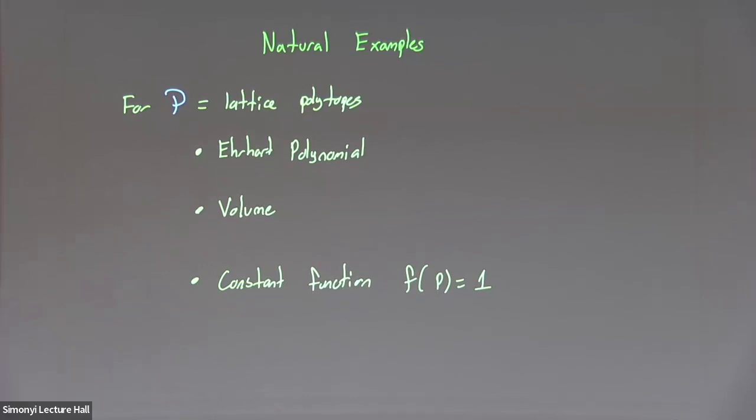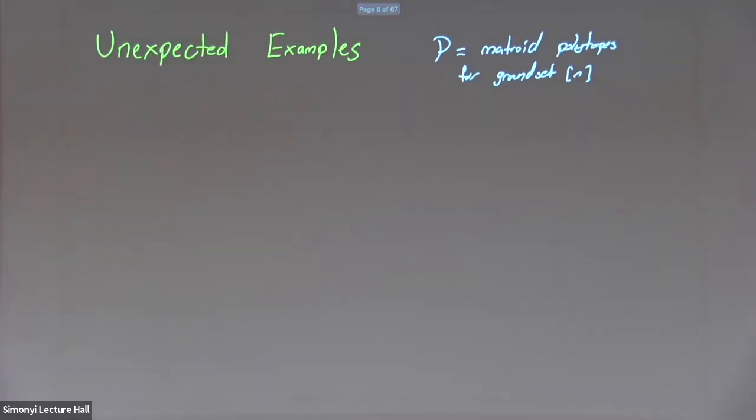But for me, the more interesting class of examples happen when we choose P to be a special class of polytopes, namely, well, matroid polytopes, which this workshop is about. So if you take P to be the class of matroid polytopes on a given ground set, then you can ask the seemingly nonsensical question: take your favorite invariant of matroids, view it as a function on polytopes, is that valuative?